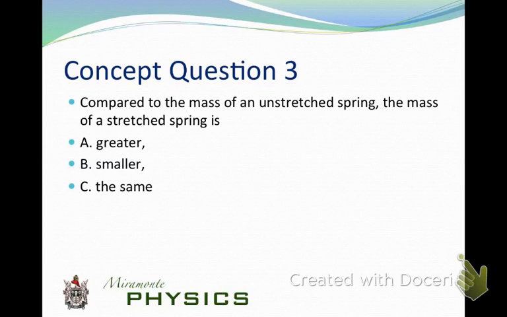And so once you add it, it becomes the energy of your stretched spring. So this is going to be bigger than this. Does that make sense? The total energy of the stretched system is going to be greater than the energy of the unstretched. So you would say that the rest mass of the stretched is greater than the unstretched.